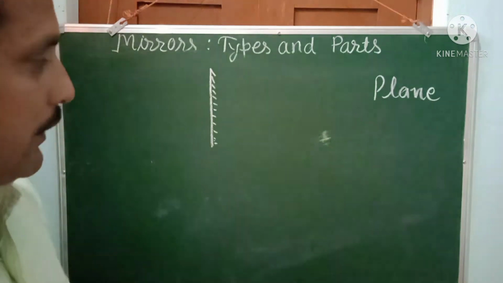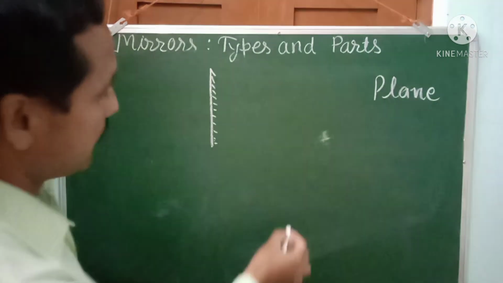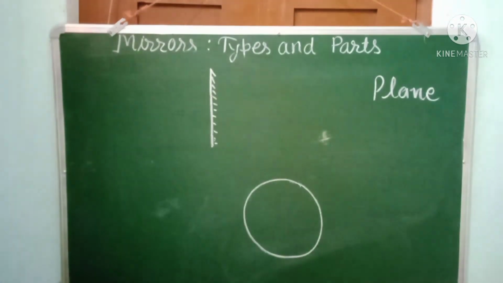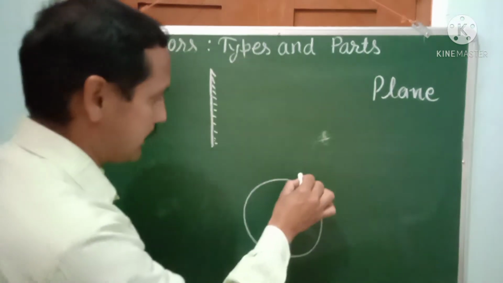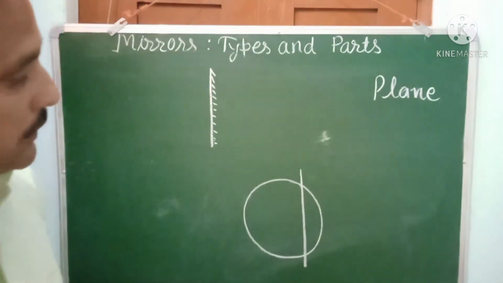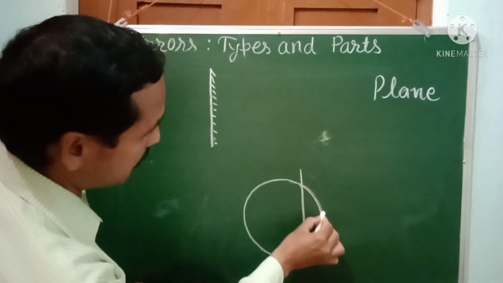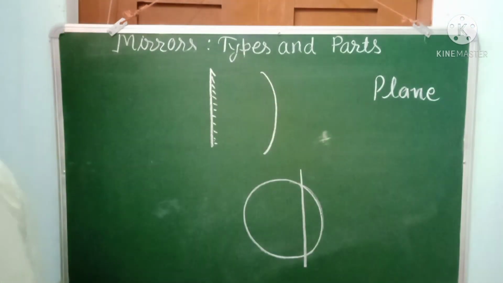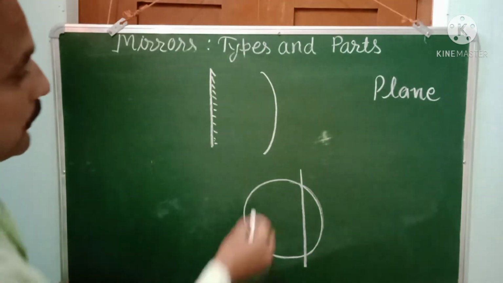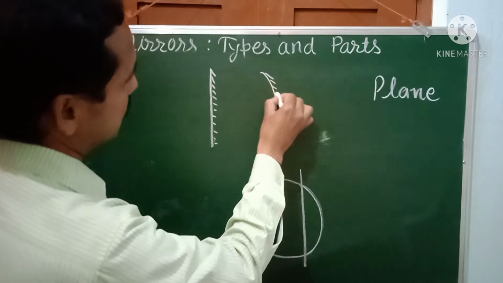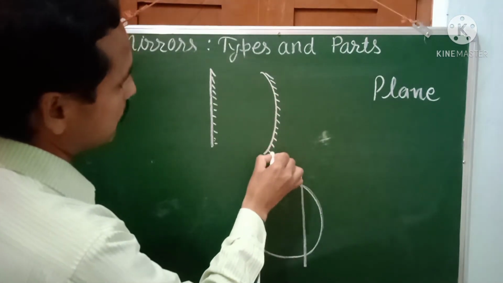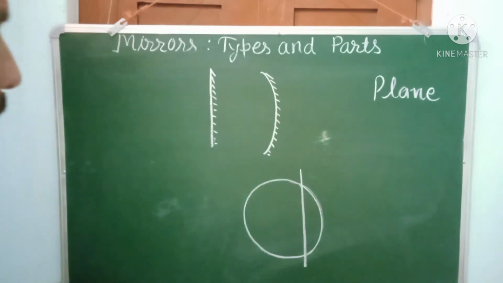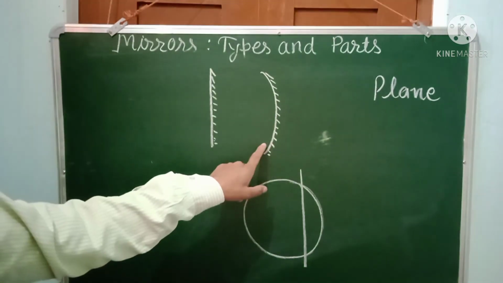Suppose that we have a hollow sphere of transparent glass and cut this from the edge like this. We cut this, we get this part, and if you polish this surface, it becomes bright or reflective.